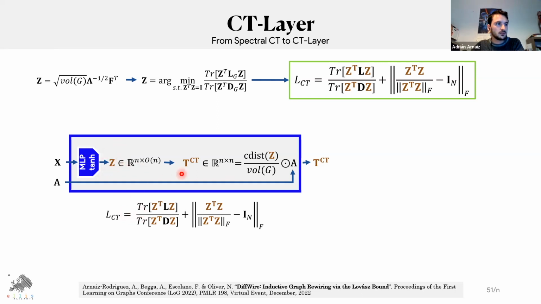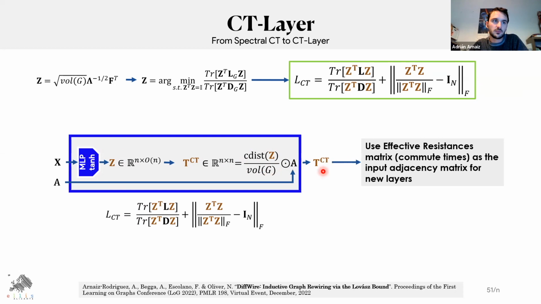And once we have the embedding, you can compute just the Euclidean distance of that embedding divided by the volume. So you have the effective resistances and you have the commute times distance matrix. And when you have this commute times distance matrix, in our experiments, we have used this as the new adjacency matrix for the next layer, but you can use it in the way you prefer.